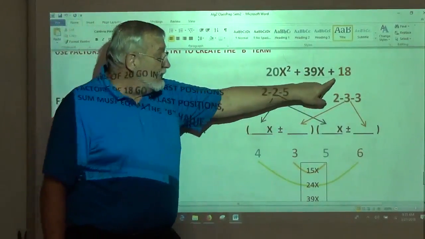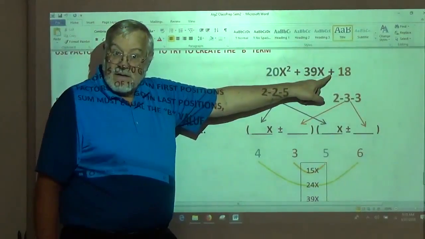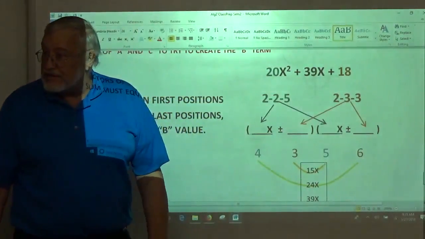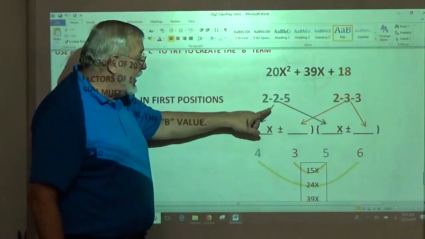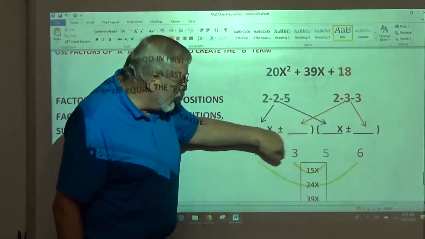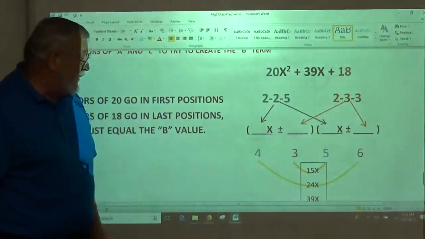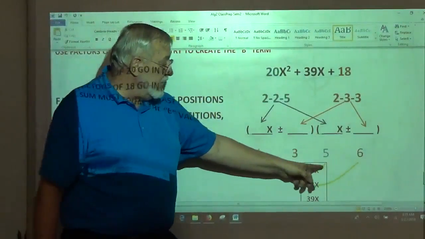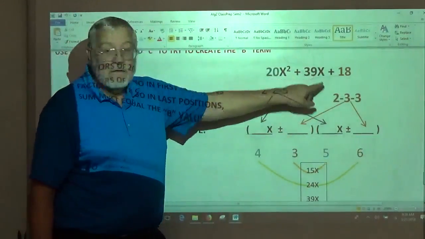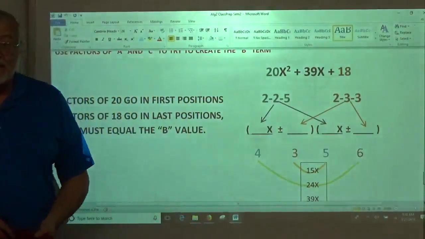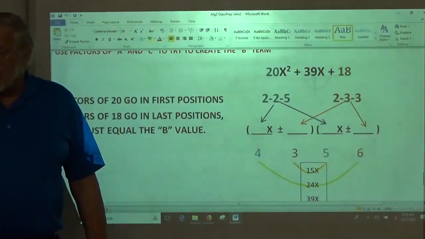If this were a minus, it means that they are different signs, and this tells you the sign of the larger group. Now, I'm not talking about the number itself, I'm talking about the inside-outside total. So in this case, I have a 15 and a 24 to equal 39. Right? And those things you just have to work at.